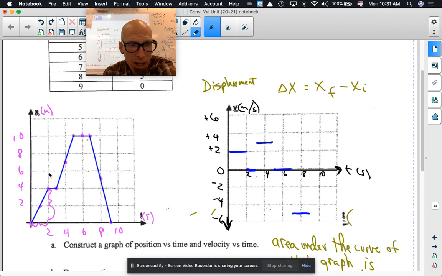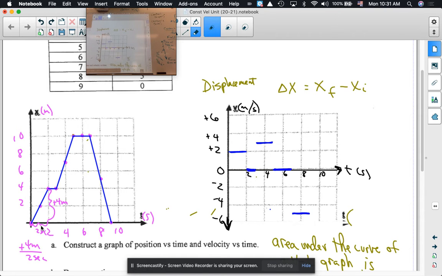So that's a rise of 4 meters, a run of 2 seconds. A 4 meter over 2 second run. What is that? Well, that's positive 4 meters over 2 seconds. That's a velocity of what? Positive 2 meters per second.